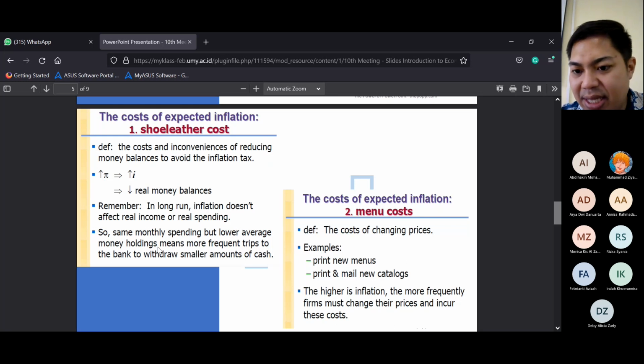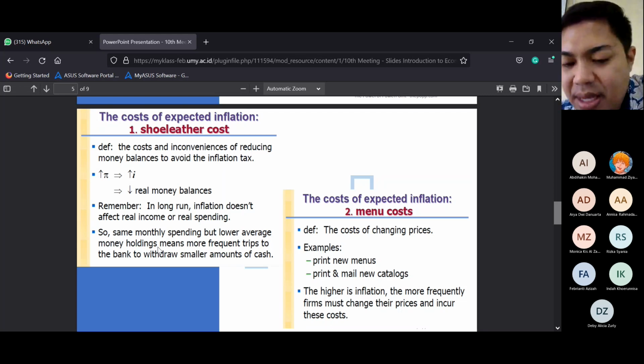So you are a little worried about holding more money in your wallet, so you try to withdraw small amounts of cash. You want to avoid holding money in the form of cash. That is the message under the shoe leather cost.